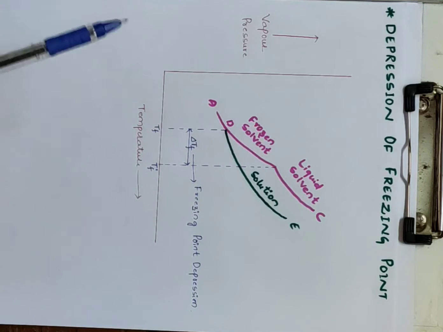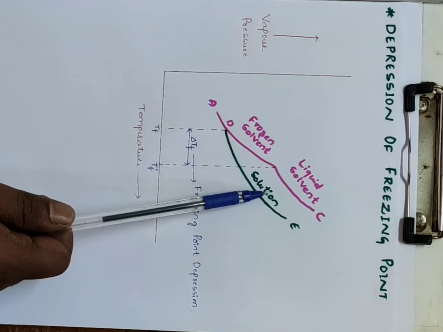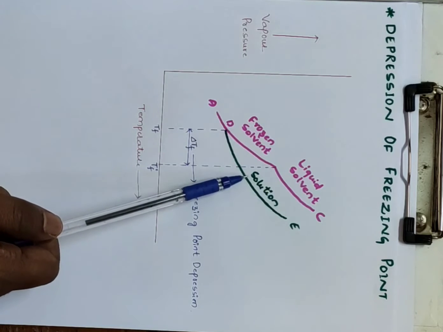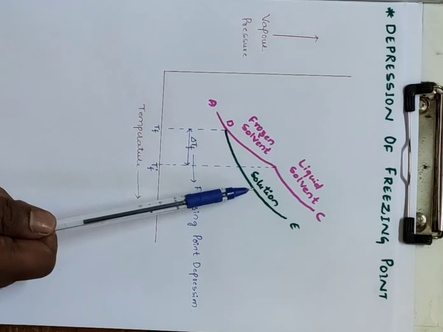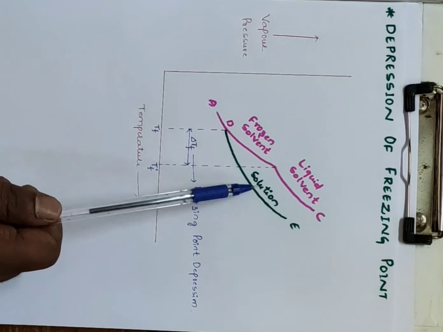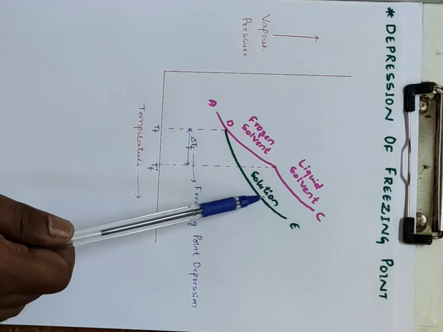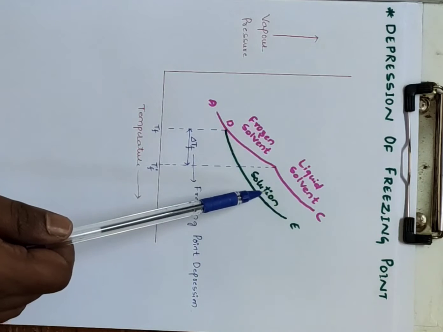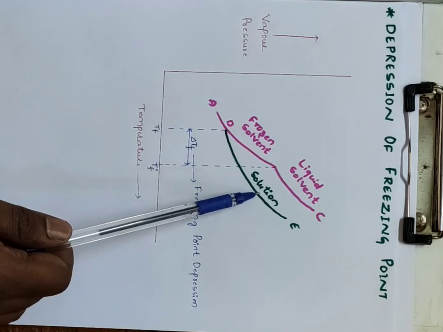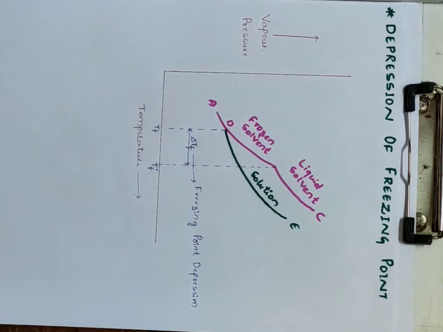The vapor pressure of a solution of a non-volatile solute in a volatile solvent is always lower than that of the pure solvent. See here, this solution is mixed with a non-volatile solute, hence the vapor pressure of the solution is lesser compared to the pure solvent.